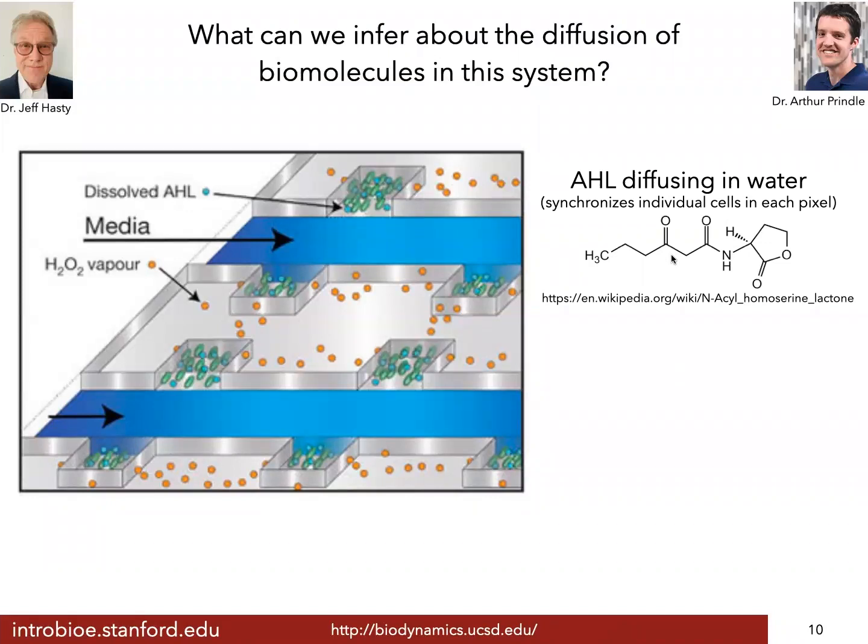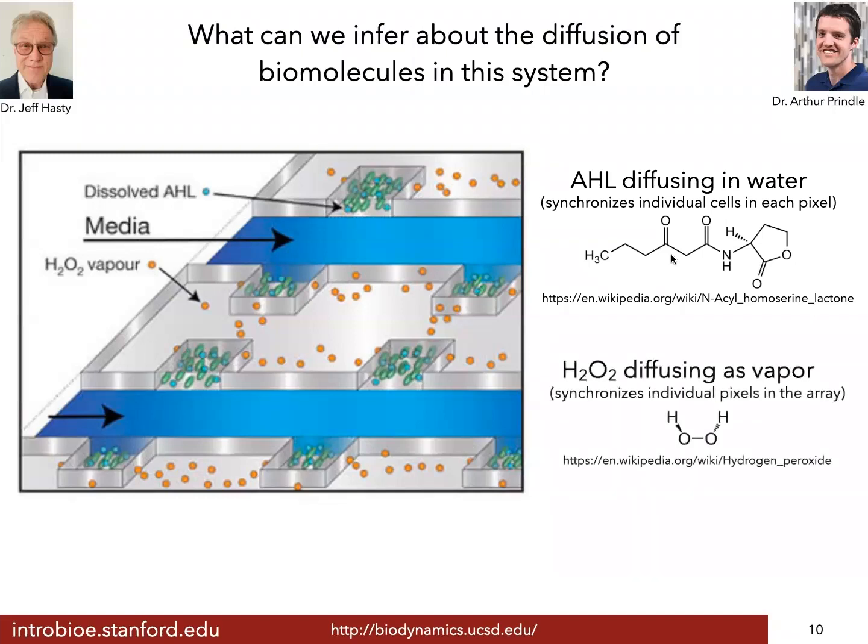Cool. What about hydrogen peroxide, H2O2? Well, it's water with extra oxygen, right? And so that's going to be much tinier than AHL, right? It's only got 2 oxygens. It's probably 10 times smaller in mass, and not quite 10 times smaller in radius. And it looks like the AHL is diffusing in water, where the hydrogen peroxide is diffusing in vapor.